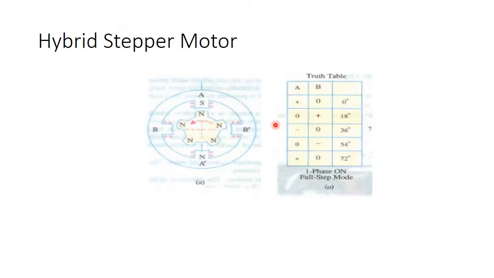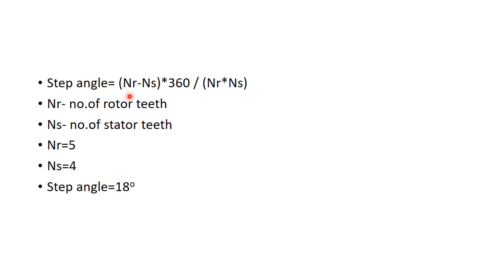So that is one. And next is hybrid stepper motor. So in hybrid stepper motor, we are going to use the second formula of the step angle. So this formula, NR minus NS into 360 divided by NR into NS. NR is the number of rotor teeth. So we had 5 rotor teeth and number of stator teeth is 4.